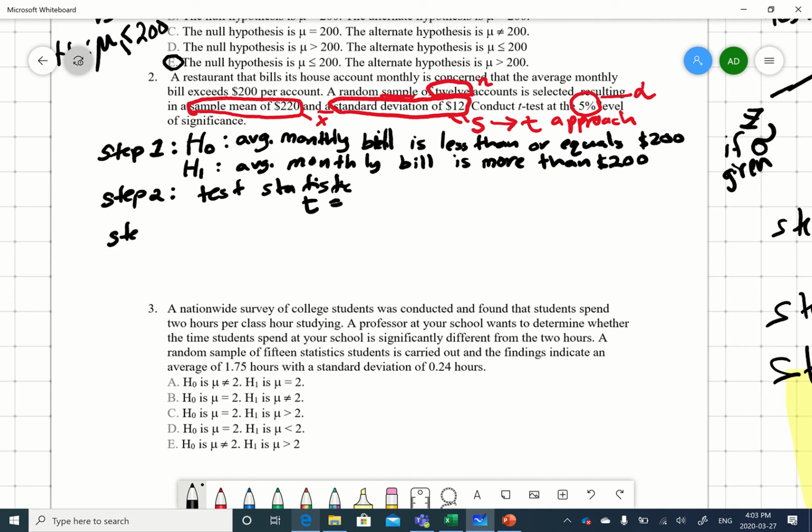And step 3, we already know alpha is 0.05. And step 4, we still don't know what the p-value is. And step 5, still don't know. So in order to get step 2 and step 4, we need to go into MegaStat.